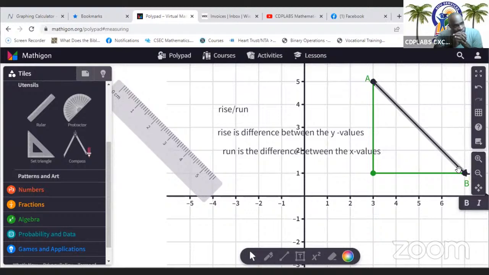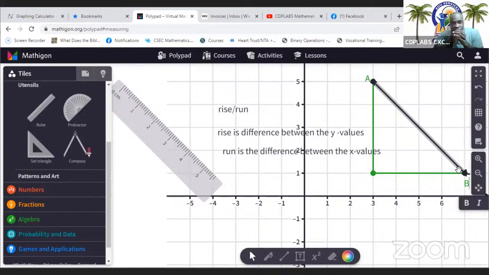All right. Now we're going to focus on the gradient, we'll find the gradient and we'll find the length of the line. Now we're going to work the coordinates of X. The midpoint of AB is what we need to find.